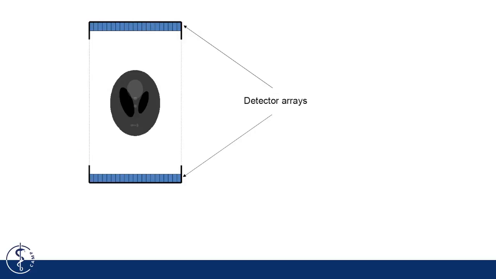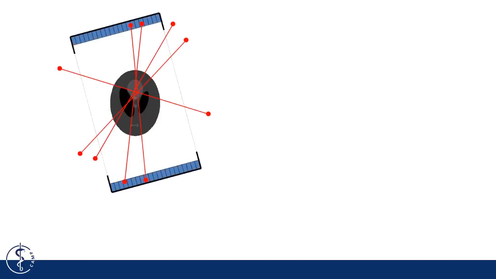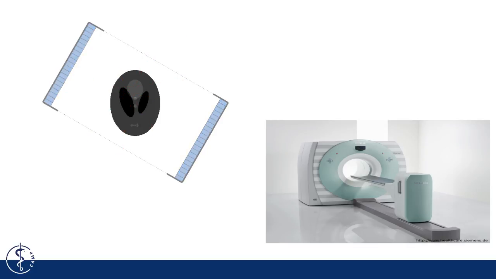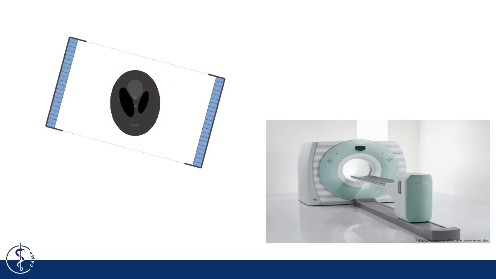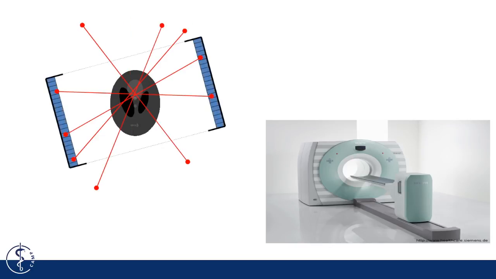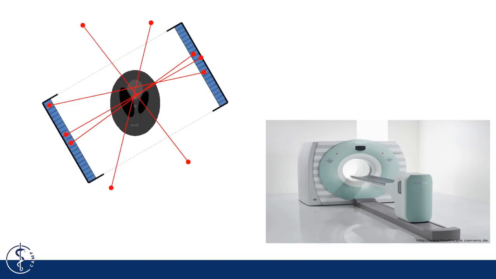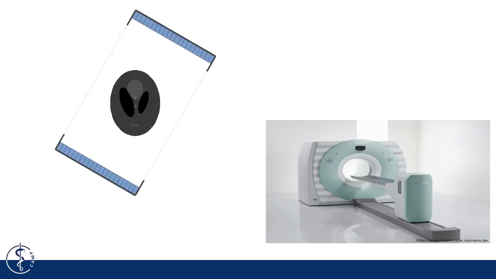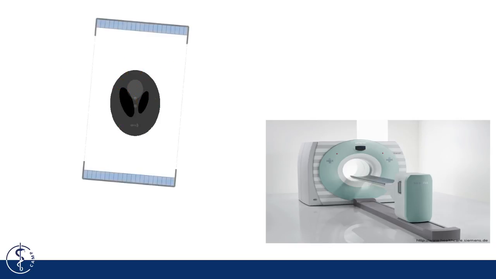A different way of nuclear imaging is positron emission tomography, in short PET. Here, the principle of how the radiation is produced and measured is slightly different. The radioactive compound administered to the patient does not itself emit gamma photons. Instead, it emits during its decay positrons, which are the antimatter counterparts of electrons. When such a positron hits an electron, both particles annihilate and produce a pair of high-energy gamma photons, traveling in opposite directions.